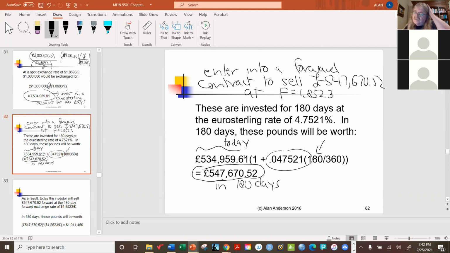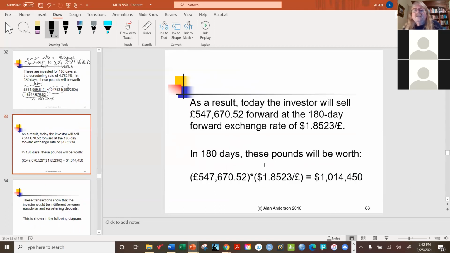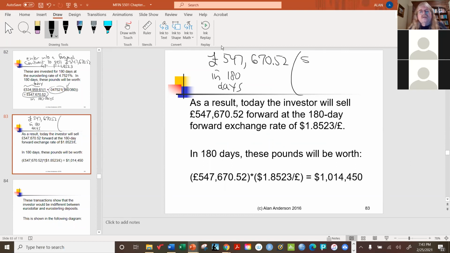So how much will that bring us? So because the forward exchange rate is 185.23, now this time I'm multiplying, by the way. So my account in 180 days will be worth 547,670.52. And then I already know that those will be sold at the forward exchange rate of 185.23 per pound.